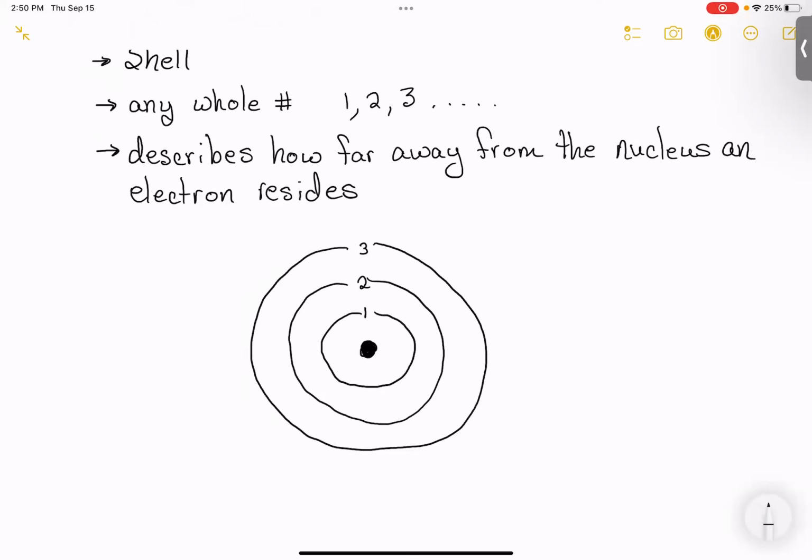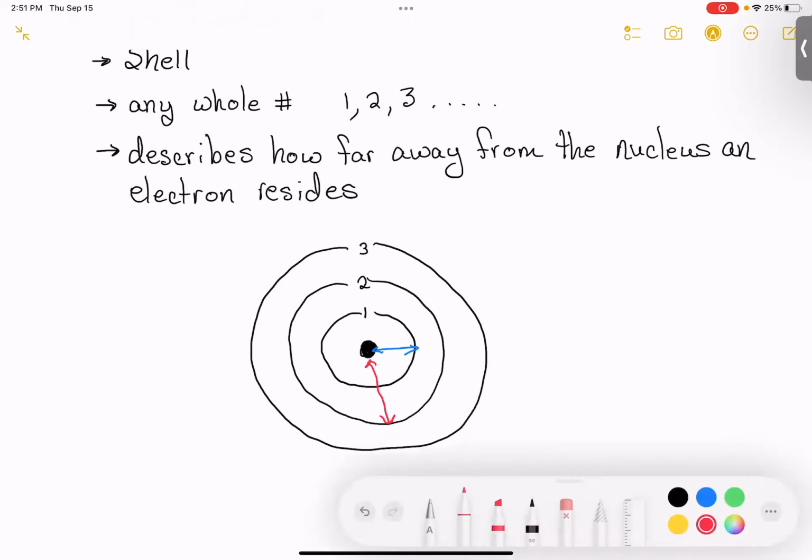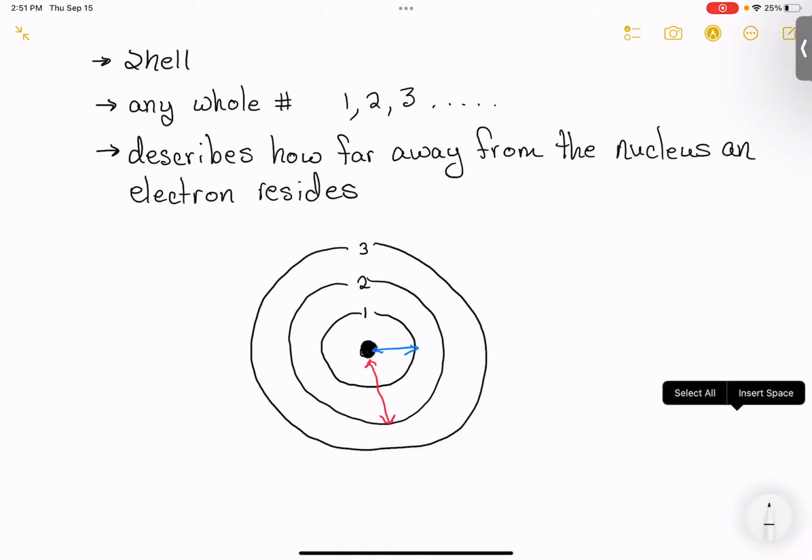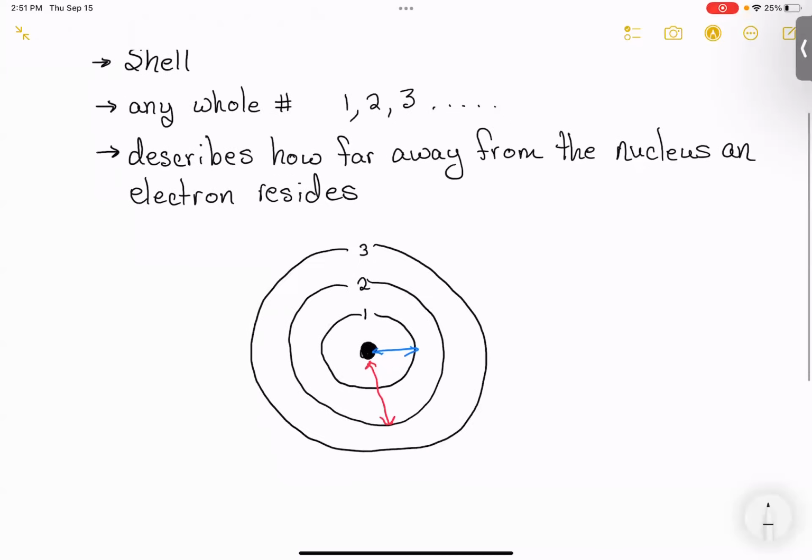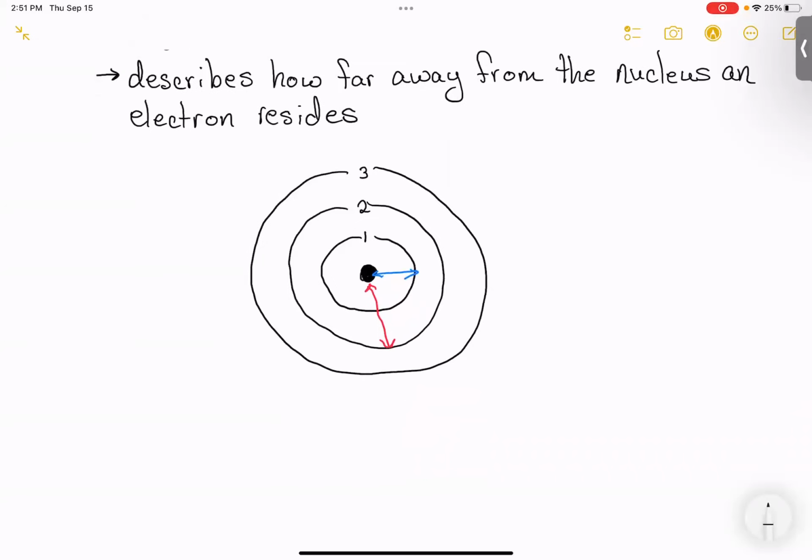So it's describing how far from the nucleus an electron resides. Is it in the first shell away from the nucleus, or is it in the second shell away from the nucleus? And so on.